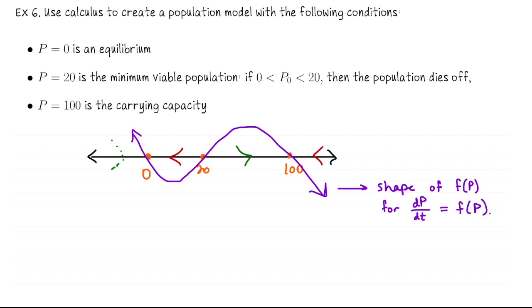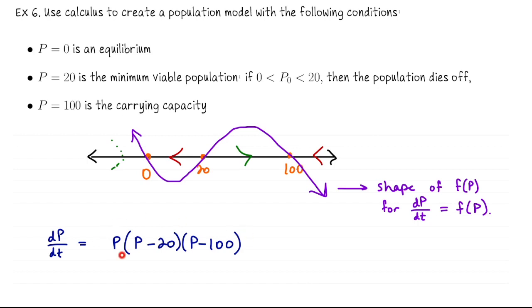Okay, so I'm going to say dp/dt is going to be like a cubic polynomial with roots p, 20, so it's got a factor of p minus 20, and 100, so p minus 100. So that captures the equilibrium solutions.